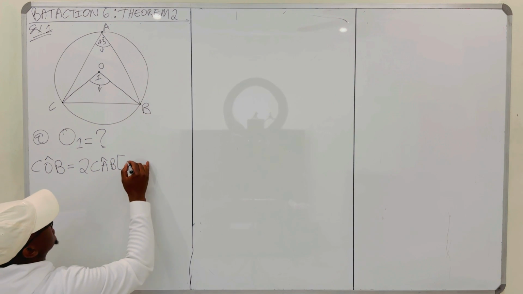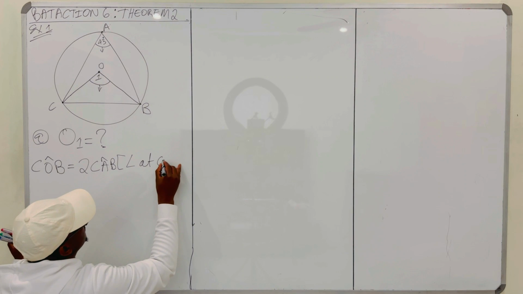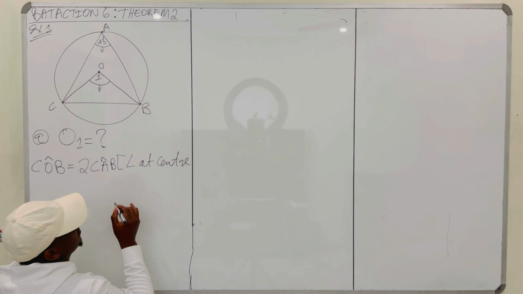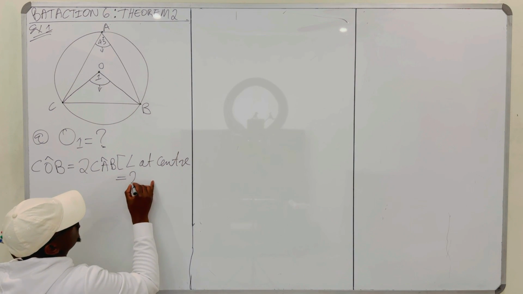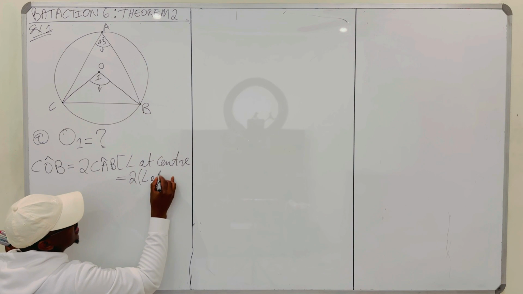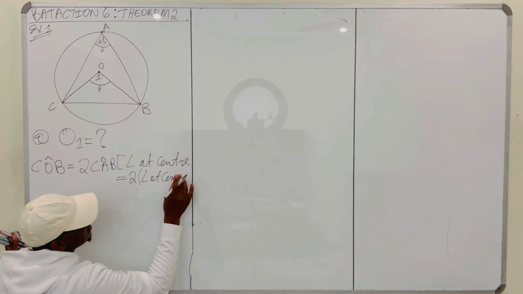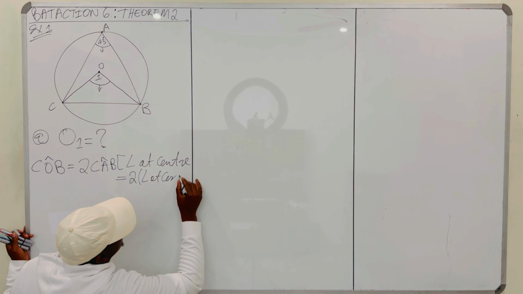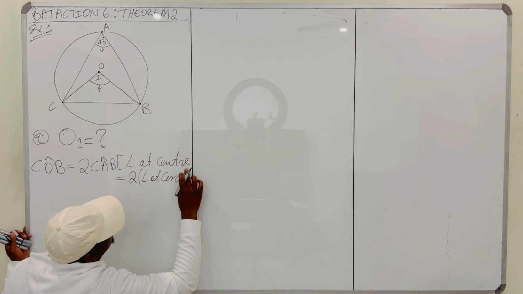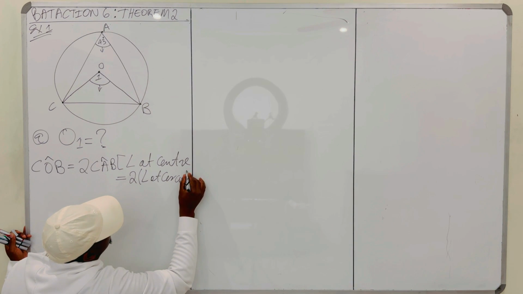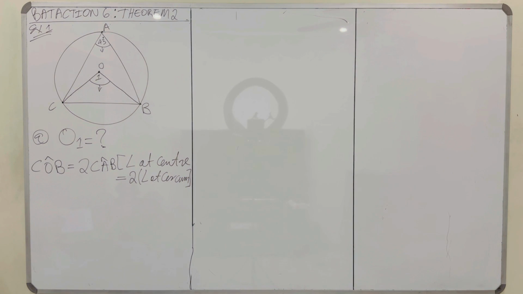We will say angle at center equals 2 times angle at circumference. Is it clear? So we're saying angle at center is twice the angle at circumference.